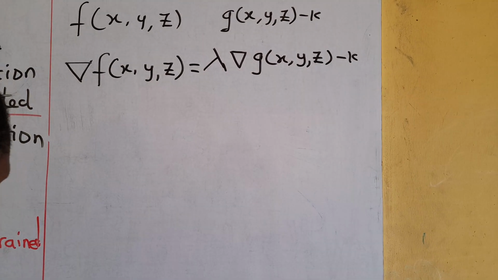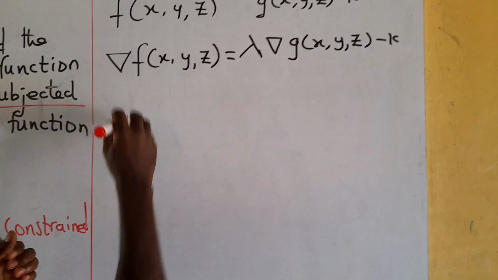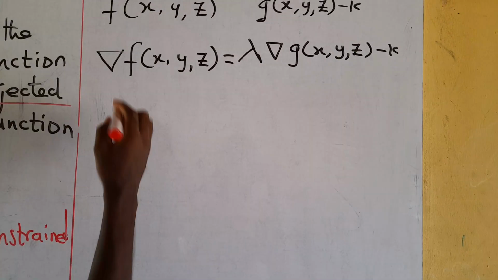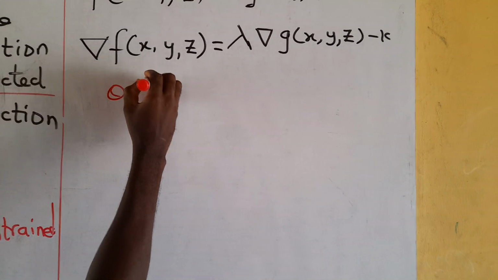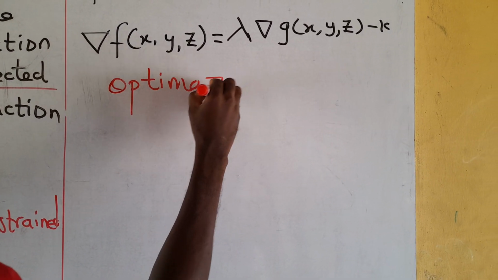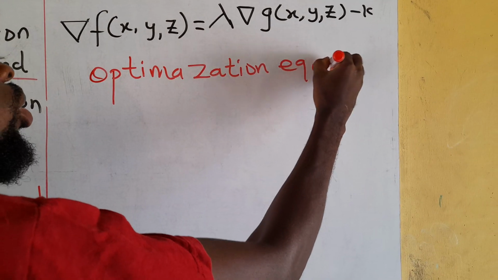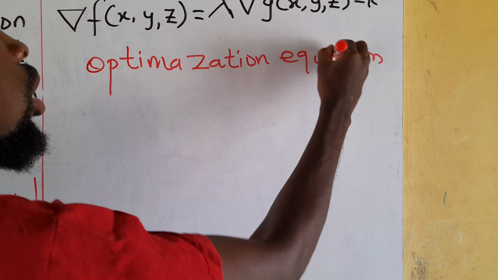The same way applies to this, where k is constant. Then, please remember, Lagrange multiplier is saying that this equation is called the optimization equation. So let's take notice of that.